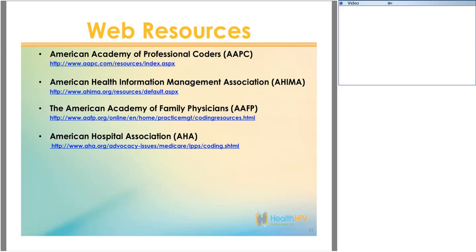Additional web resources, these are specific to coding. And so your coding resources are the American Academy of Professional Coders, the American Health Information Management Association, the American Academy of Family Medicine, and the American Hospital Association. So these are your coding resources.